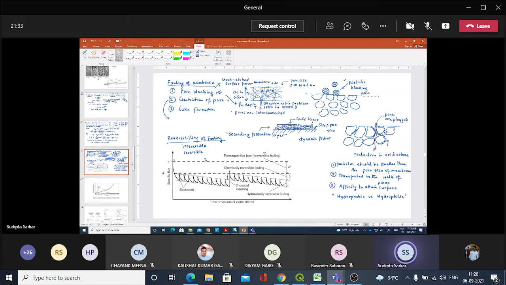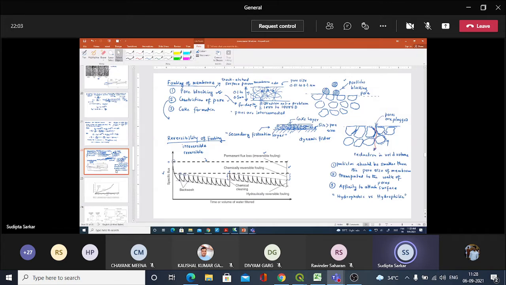Okay, so let us have one example on the resistance calculation. Enough about fouling.